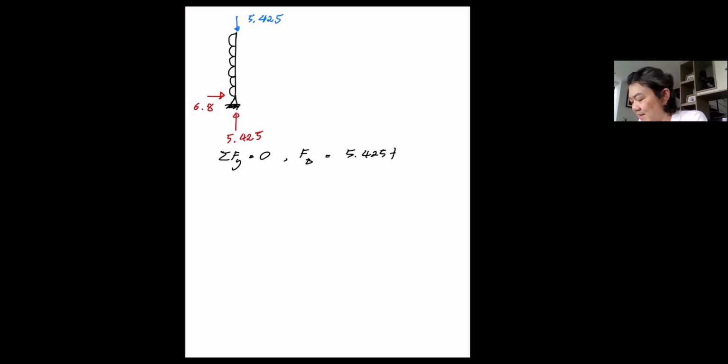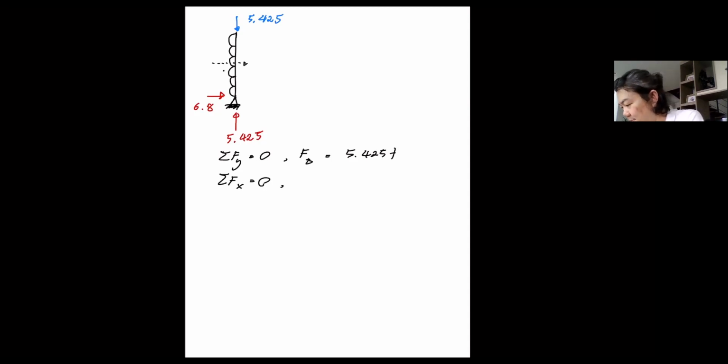But now it's just sigma Fx. You should be more careful because when you take sigma Fx equal to 0, you must include this uniform load as well. And you see, the direction of this uniform load is actually the same as the reaction.